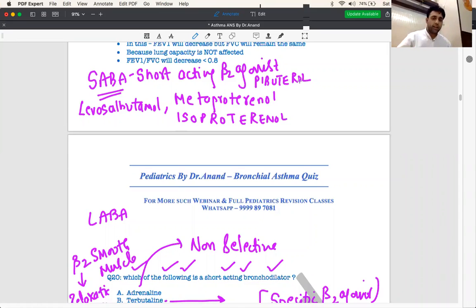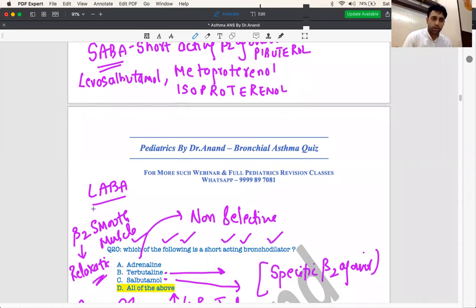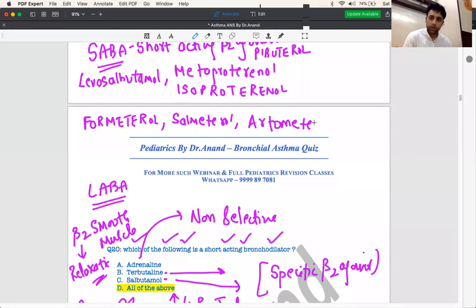Okay. So can anyone tell me a long-acting beta agonist? LABA, anyone? Any random guesses? Ramya is answering yes. We have formoterol. Very good. Salmeterol, very good, Elizabeth.